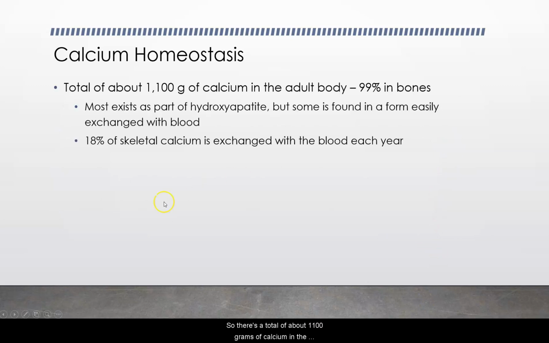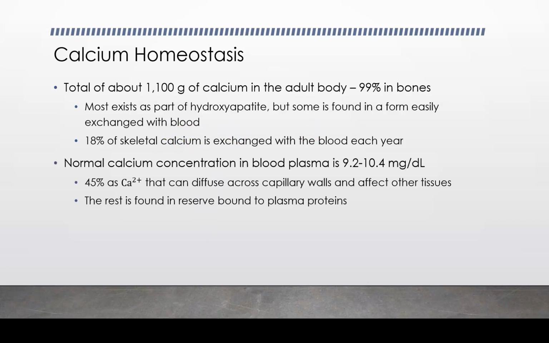So there's a total of about 1,100 grams of calcium in the adult body, and about 99% of that is found in the bones, and most of it exists as that hydroxyapatite. But some of it is actually found in a form easily exchanged with the blood. 18% of that skeletal calcium can be exchanged with the blood every year.